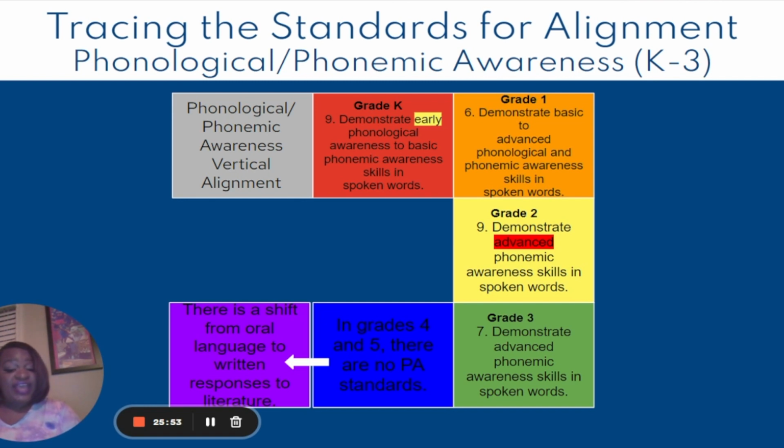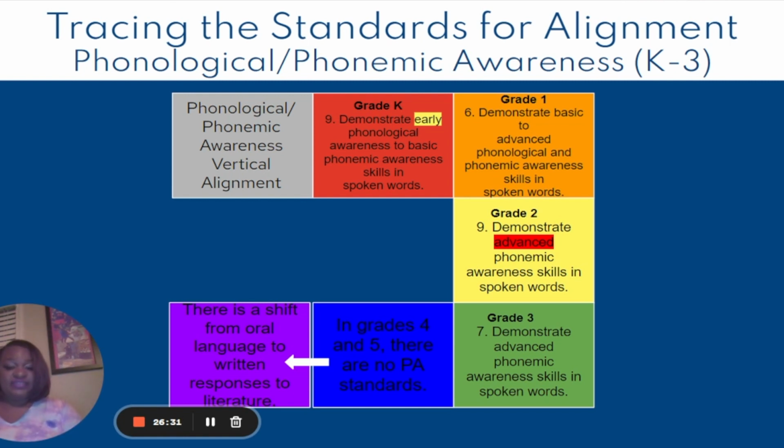And once again, as we move down to grade 3, you're going to notice that that standard is standard number 7, which is the same exact expectation in 3rd grade as it is in 2nd grade. In grades 4 and 5, there are no phonological or phonemic awareness standards. That is because there is a shift from oral language to written responses to literature.